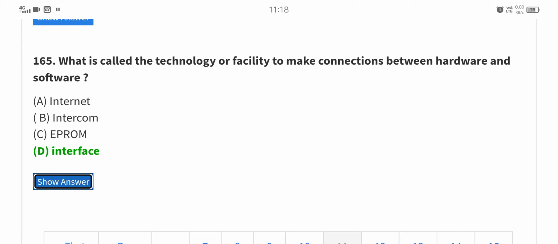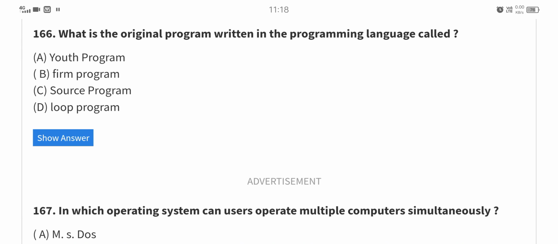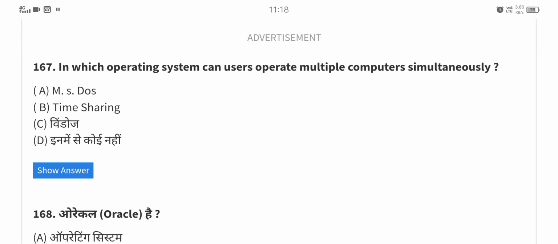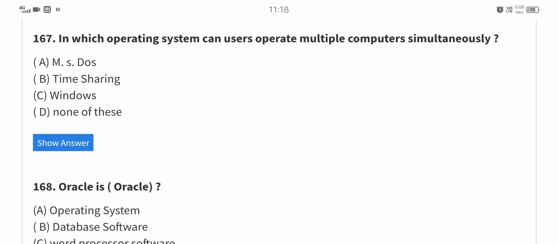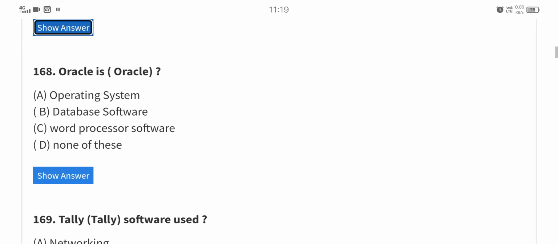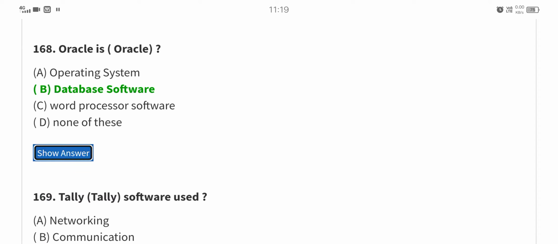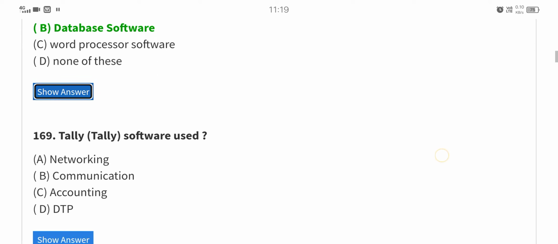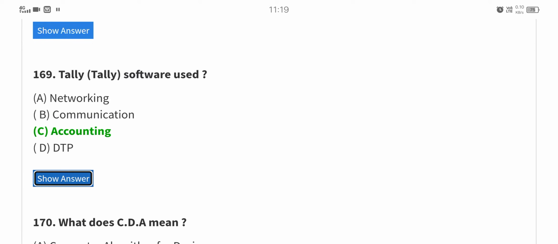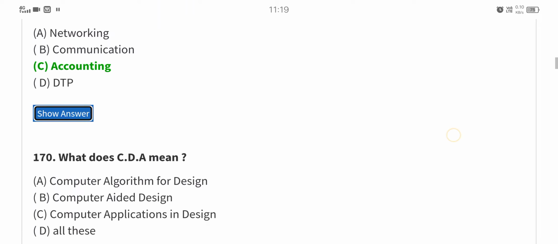What is the original program written in a programming language called? Source program. In which operating system can multiple users operate a computer simultaneously? Time sharing. Oracle is database software. Tally is software used for accounting.